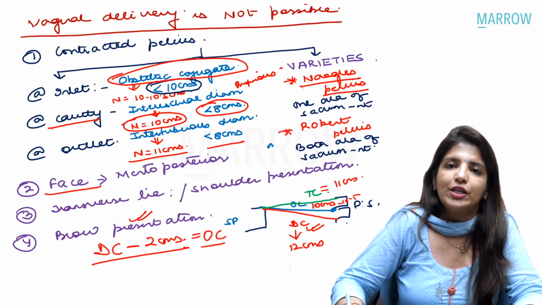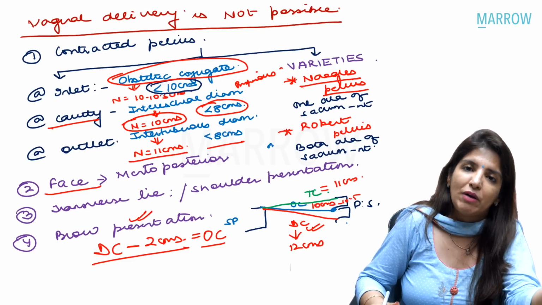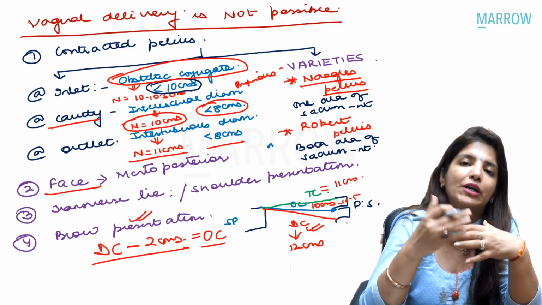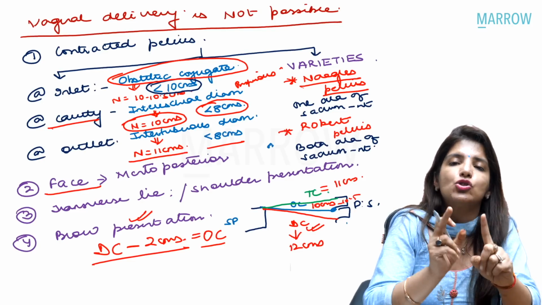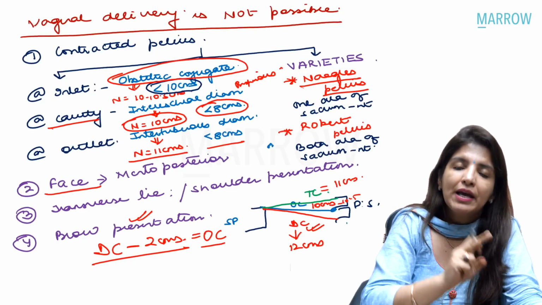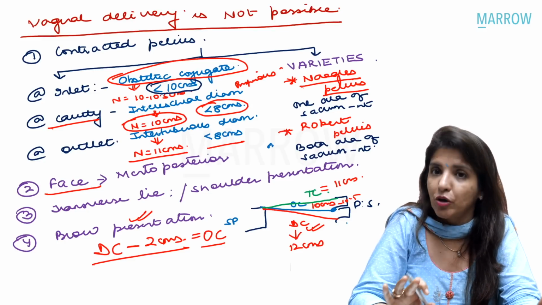In case of face presentation, the chin of the baby can be facing anteriorly, then it will be called mento anterior, or the chin of the baby can face posteriorly, it will be called mento posterior. In case of chin facing anteriorly, vaginal delivery is possible. In case of chin facing posteriorly, vaginal delivery is not possible.